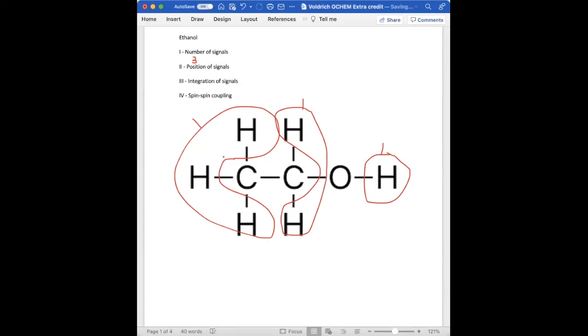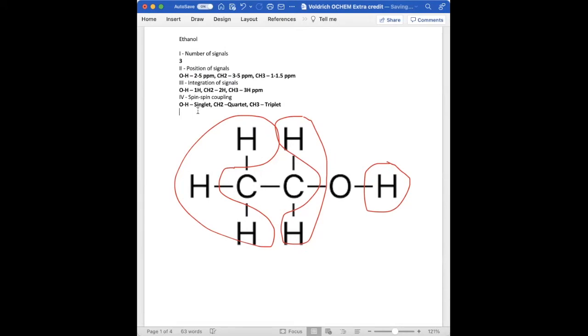Therefore, using the N+1 rule, it'll have a triplet peak, which is 3 peaks right next to each other. While the 2 hydrogens are next to 3 hydrogens, so they will have a quartet. And this hydrogen that is bonded to the oxygen has no neighboring hydrogens, so therefore it'll show up as a singlet.